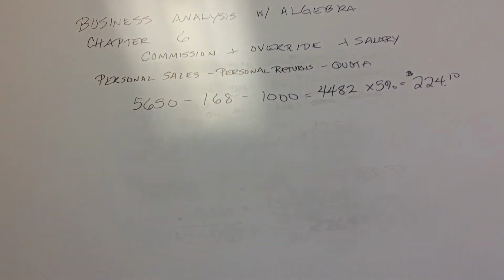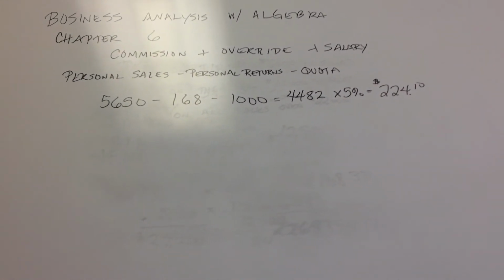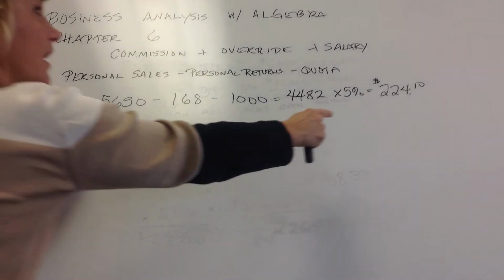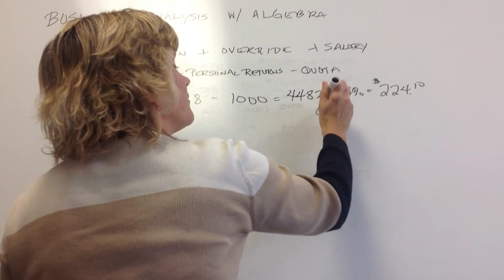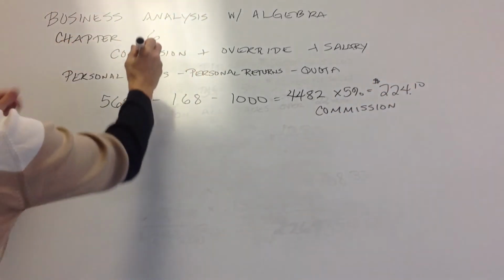So then that is just one piece of their paycheck. Let's see if I can angle that a little bit so you can see it. Okay. So then that's their commission piece. So we've accounted for one of them.